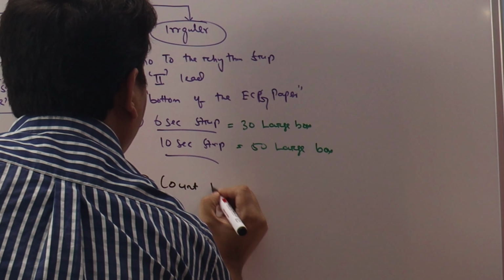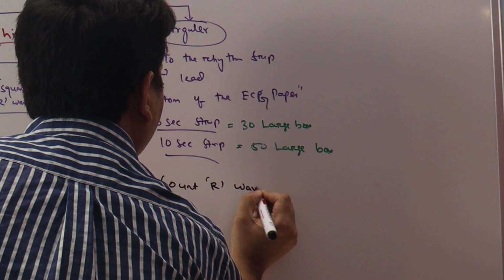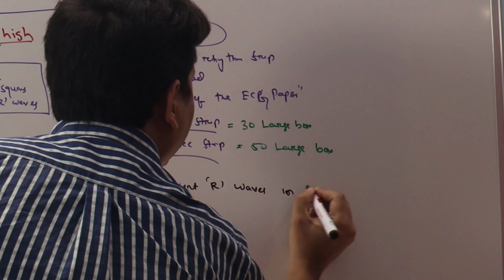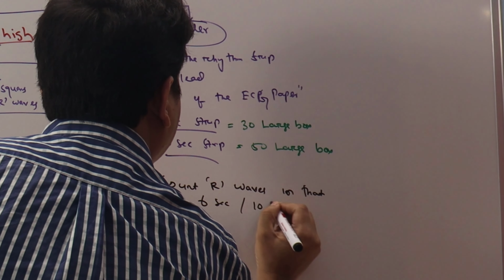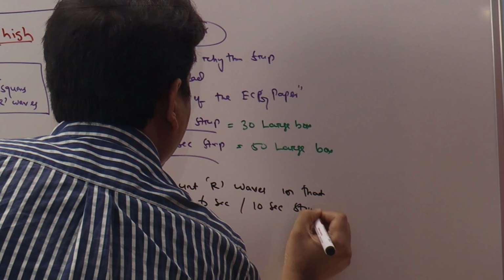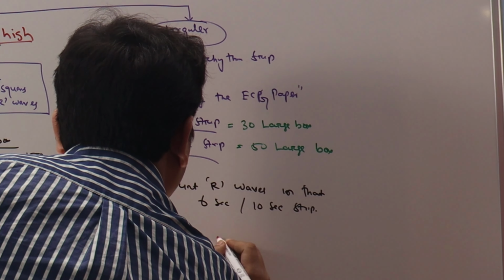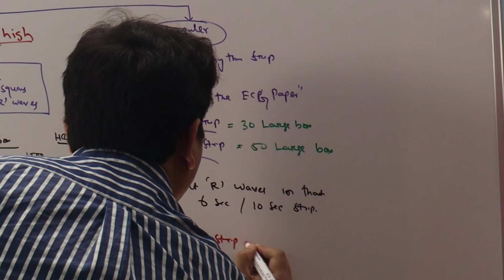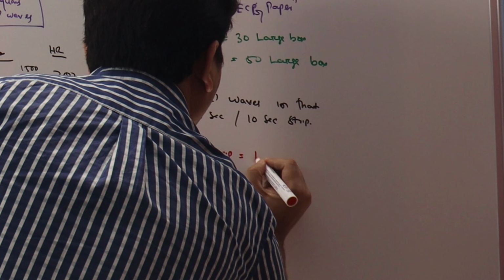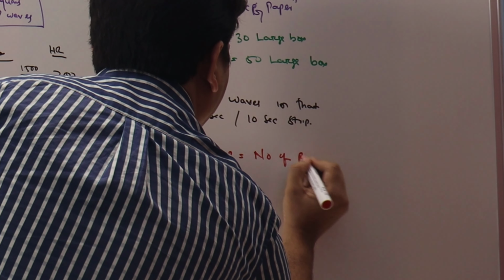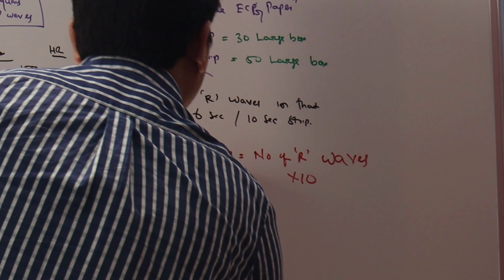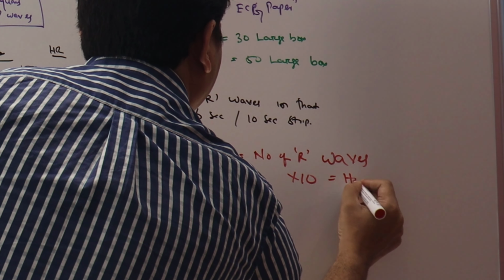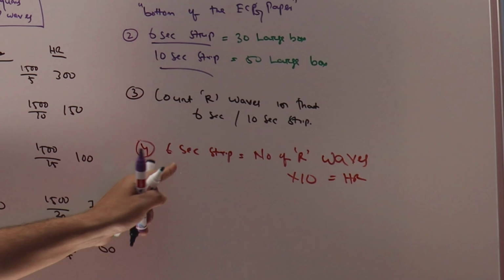Count the R waves in that 6 second or 10 second strip. If it is a 6 second strip, which is mostly the case, just multiply the number of R waves by 10, and this is your heart rate, because we have found it in 6 seconds.